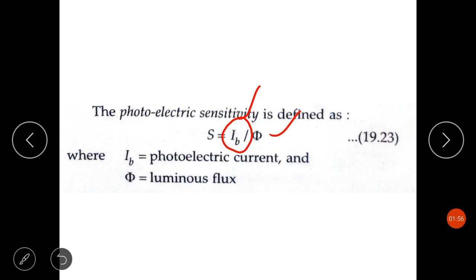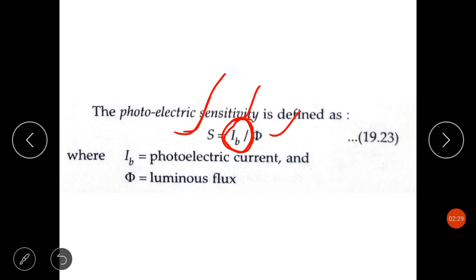So the sensitivity of the photomultiplier tube increases because it amplifies the photoelectric current to a very large extent. Obviously, sensitivity is equal to output upon input. If output increases to a very large extent, the sensitivity will increase automatically. Since the sensitivity is very high, it can be used for measuring extremely low level luminous light intensity.